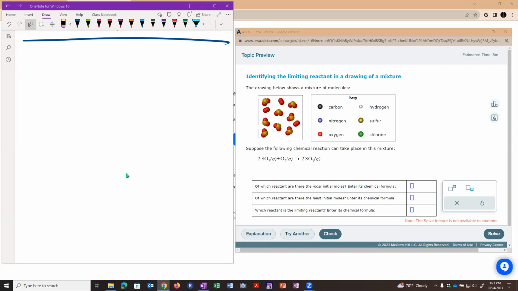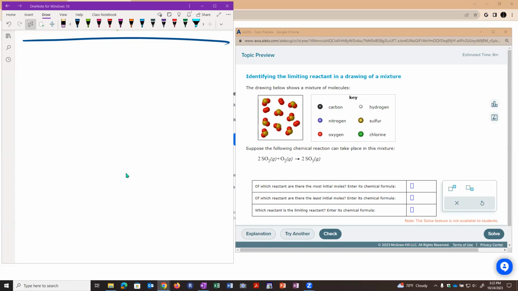The reaction that is going to occur here is the SO2, which are going to be these things. Those are the SO2, 1 sulfur and 2 oxygens linked together, sulfur dioxide. They react with the oxygens, which is the O2, 2 O's, 2 red spheres linked together, to make SO3, sulfur trioxide, sulfur and 3 O's.